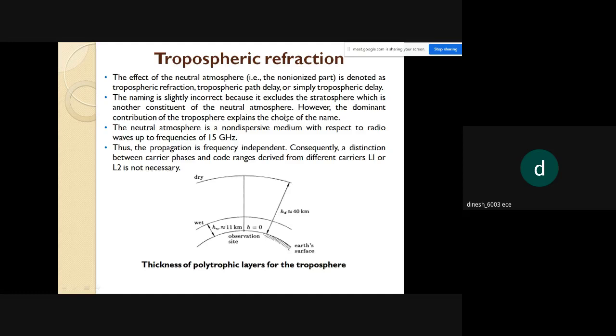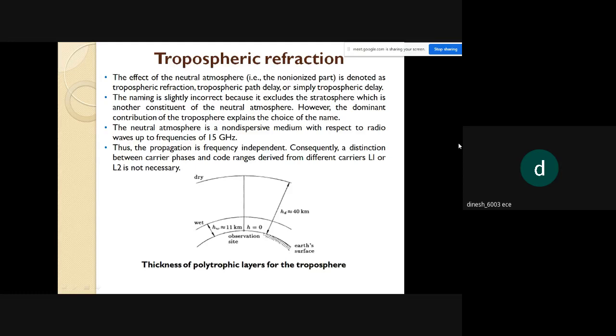However, the dominant contribution of the troposphere explains this choice of name. Though we have the stratosphere also, its effects are much lesser compared to the tropospheric effects. So only this name is given, which is tropospheric refraction.